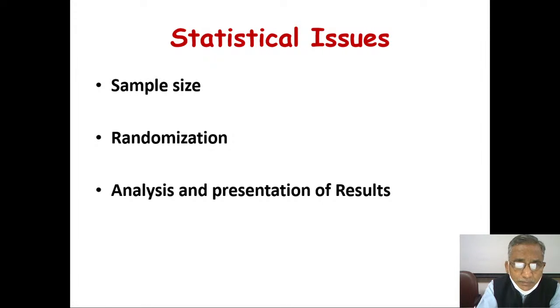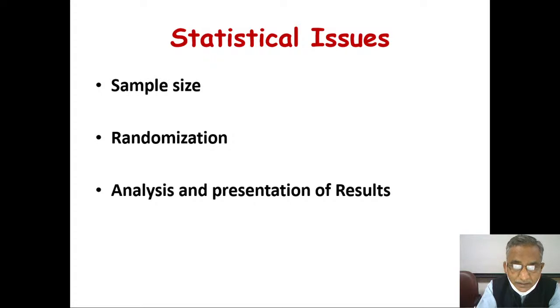If you do an observational study, you will be taking participants through some sampling procedure. Here, randomization is about how, when a participant or patient comes to you, you decide whether he gets the new intervention or the standard of care.